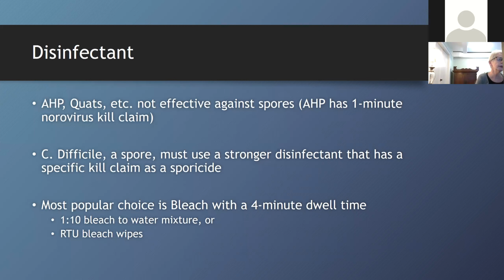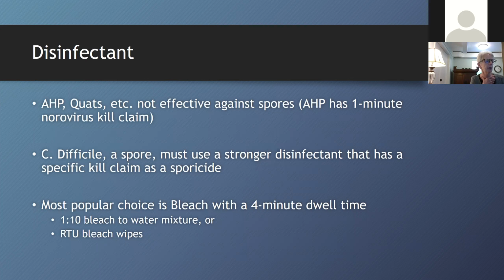Anytime you can get around to not mixing bleach in your facility, you're better off, because first of all, it's toxic, it can be an irritant, and then you always have to worry that it's mixed appropriately. I received a call from a facility a number of years ago that had an outbreak of C. difficile. They had initiated cleaning their entire unit with bleach, and they were getting lots of complaints from the staff, coughing, respiratory irritation, and patients were complaining.